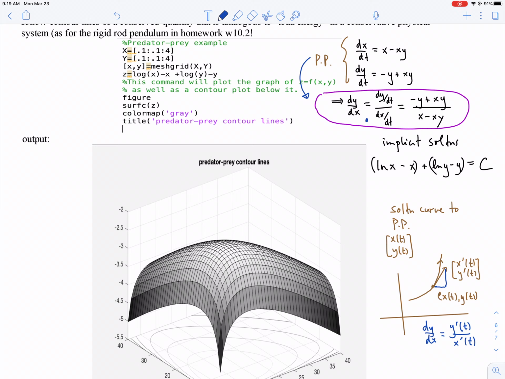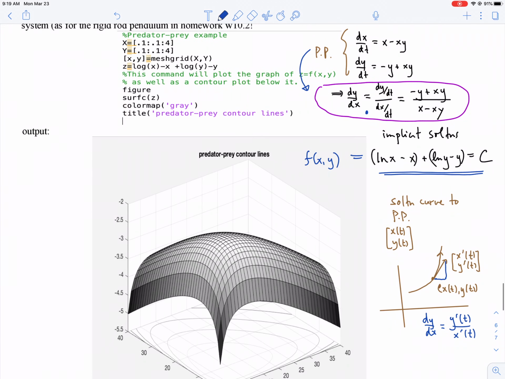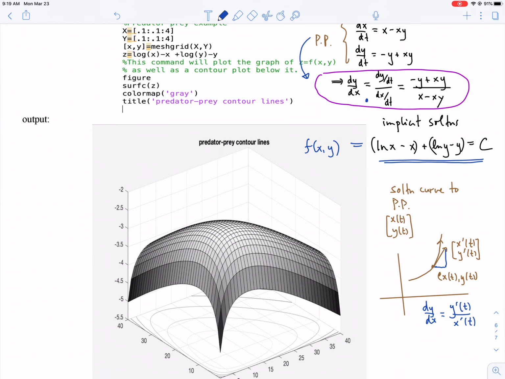And the fact that our function which solved the separable differential equation was a level curve for some function f of xy means that the solution trajectories follow that level curve.